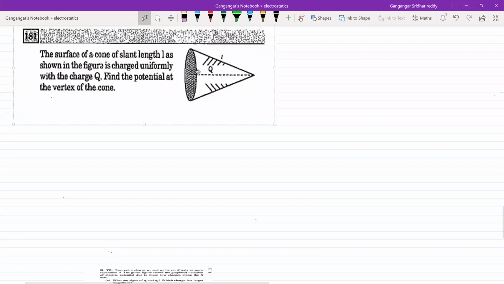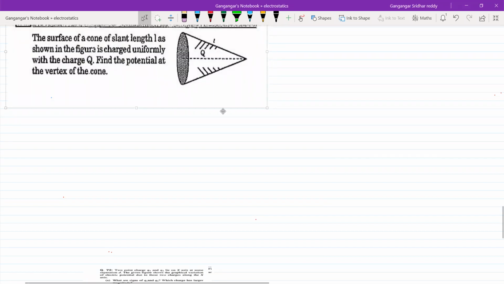Okay, I'm giving next another type of charged object. Read the question. Find the potential at the vertex of the cone.